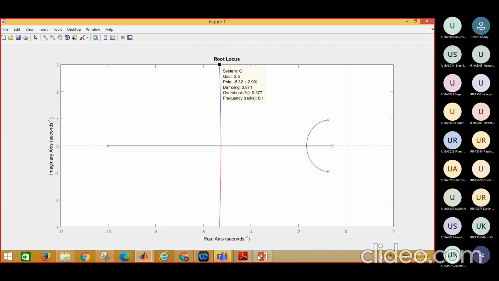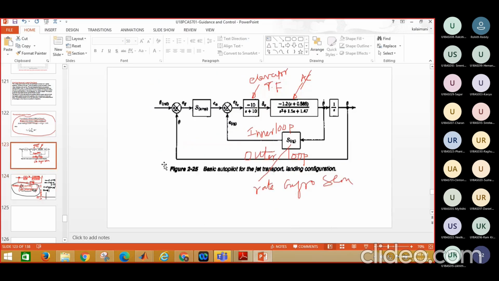Because if you incorporate your outer loop system, that will pull this aircraft to a lesser damping. So that's why we select a slightly higher damping for the rate gyro sensitive value as compared to the outer loop.